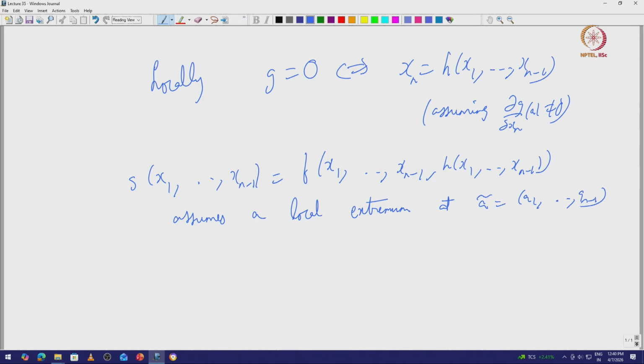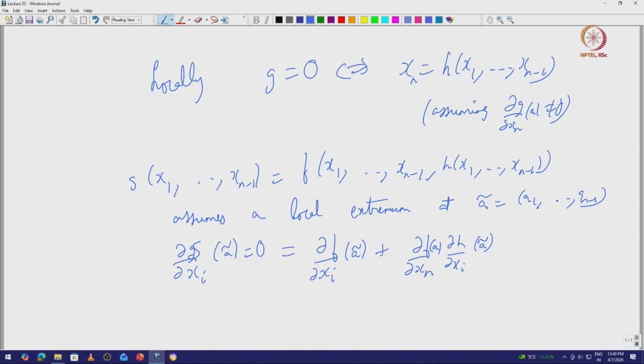So as a consequence, ds/dxi at a tilde is 0. Now what is ds/dxi at a tilde? By the chain rule, it's df/dxi at a tilde plus df/dxn times dh/dxi at a tilde. This is 0.